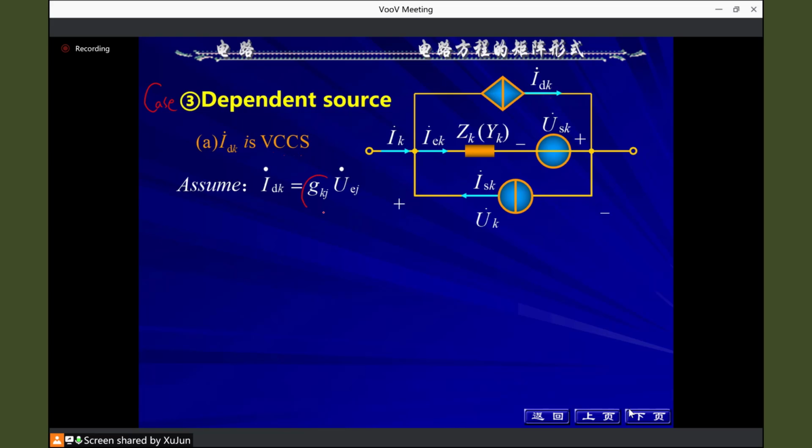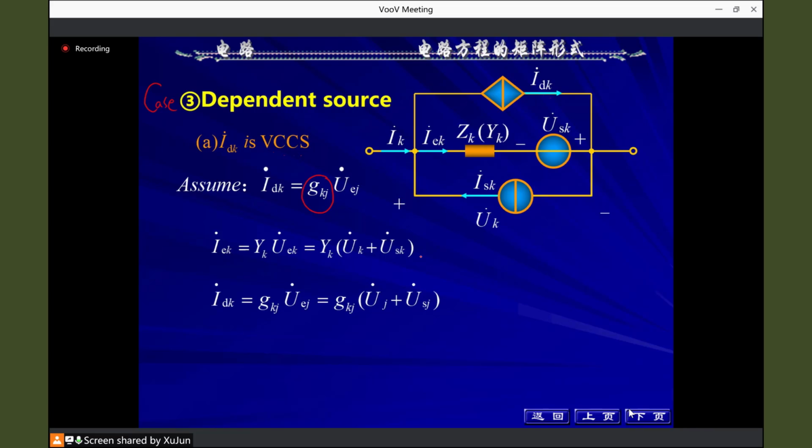This KJ means branch J controls branch K. IEK, this branch current, IDK, this branch current, and the total IK, this branch current, will be the sum of the currents: IEK plus IDK.